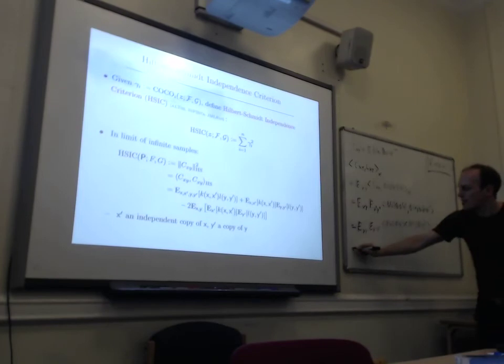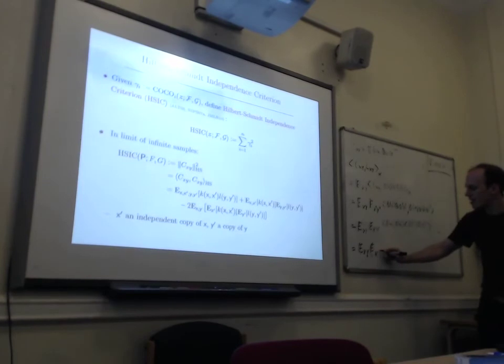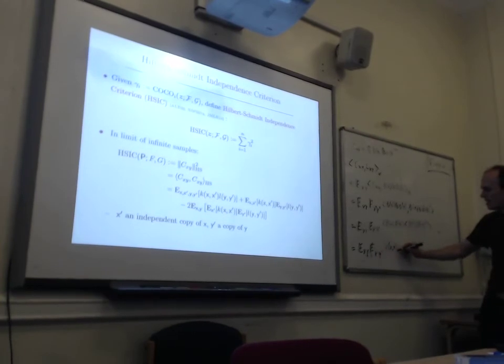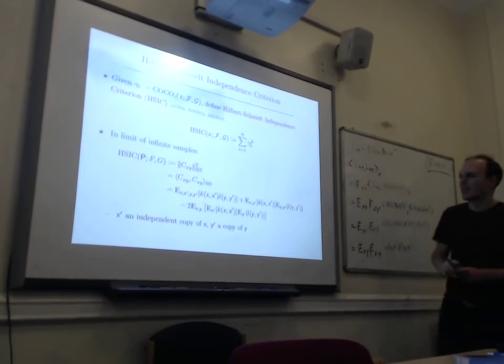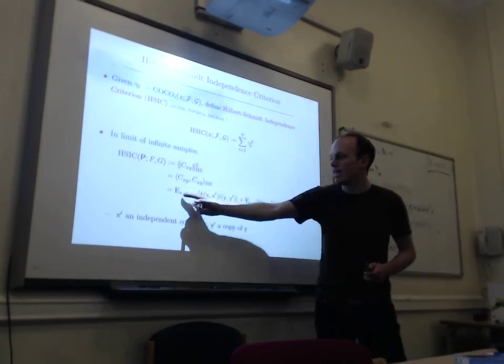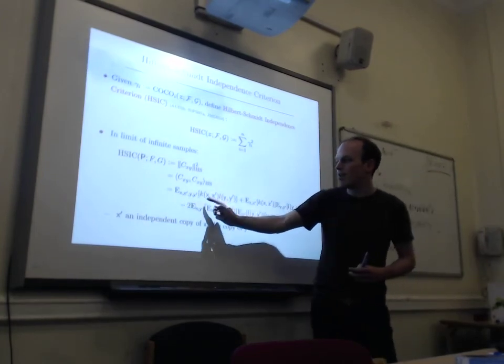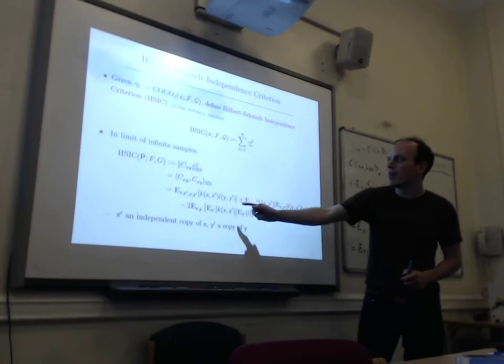And this is just the expectation over x, y and x dash, y dash of the kernel between x and x dash, and the kernel between y and y dash. So this is exactly this first term here: expectation of x and a copy, y and a copy, kernel x and x dash, kernel y and y dash.